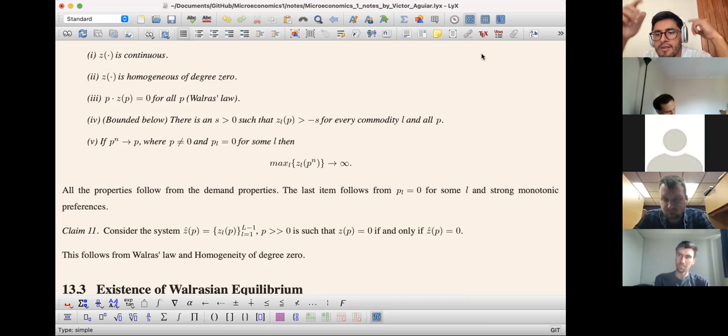So I can take this system of nonlinear equations and eliminate the last market, and then you get a reduced system called Z hat, from R^L to R^(L-1). If the system is in equilibrium, so Z hat(p) is equal to 0, then the original system is again in equilibrium. So this is just a rehash of things.